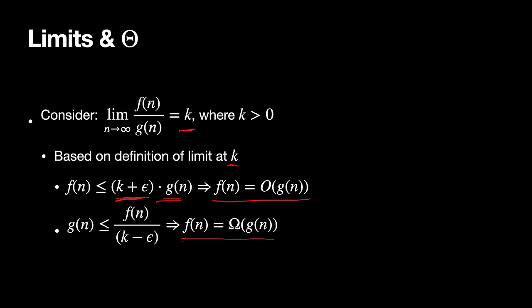Reading this backwards and doing the algebra, we could say that f is greater than or equal to k minus epsilon times g of n, which aligns with our definition of big omega. Okay, so our theorem is that we would consider f to be in the big theta of g whenever we can demonstrate that our limit ends up being a constant.